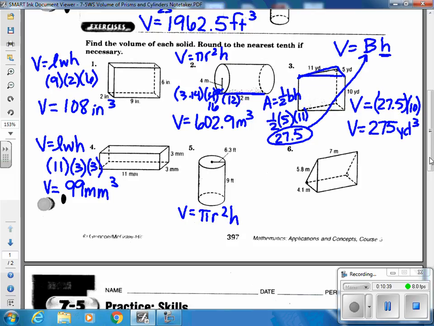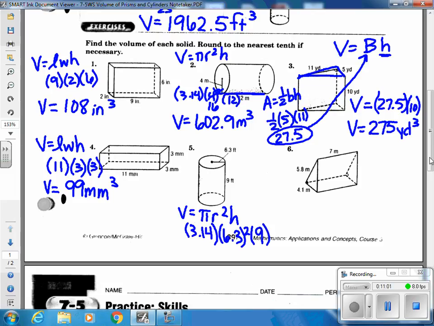All right, for number 5, same formula, same type of shape, just different values, different sized cylinder, and it's standing up, not laying down. So pi would be 3.14. The radius is 6.3. Now notice all of these cylinders that I've worked out with you have given you the radius. If they happen to give you the diameter, you have to cut it in half. Okay, and then the height of this one is 9.